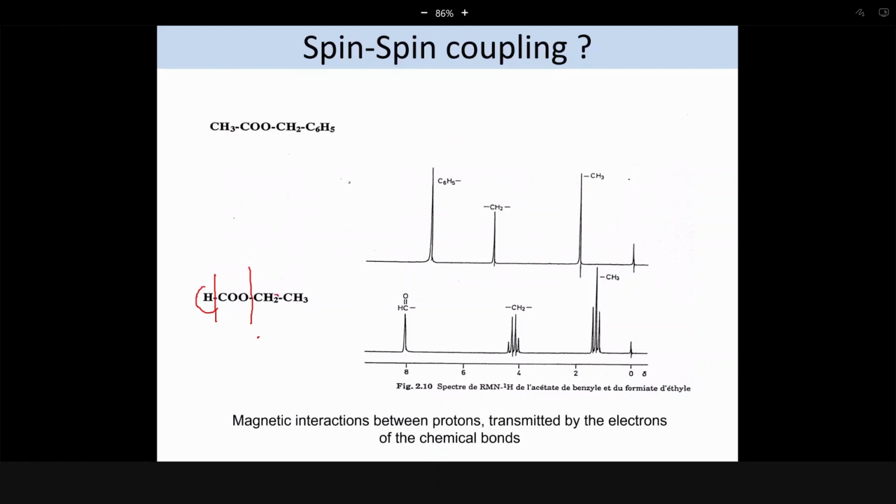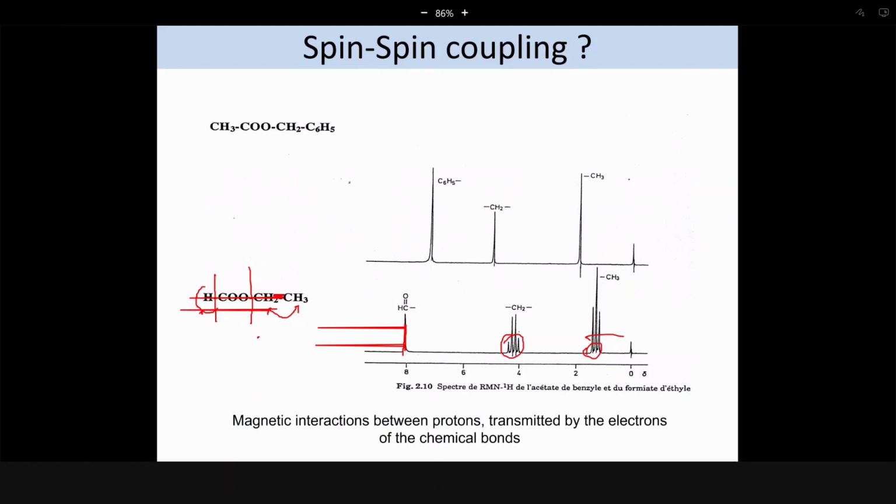are directly linked one to another. They are close in the structure. So we have an interaction between these groups of protons. The one which is alone is again only one line, and the others that are close together are different.